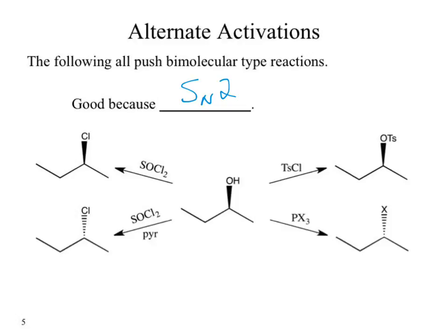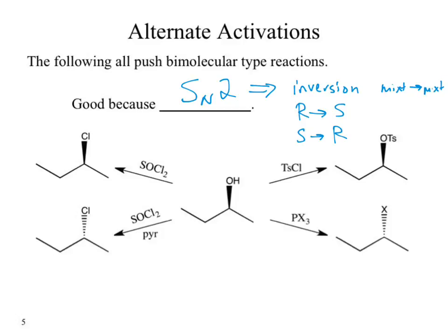Okay? SN2, when it comes to stereochemistry, what happens? Inversion. Good key word. So if you started with R, you end up with S. You start with S, you end up with R. You start with a mixture, you end up with? Hey, good call. You end up with a mixture.